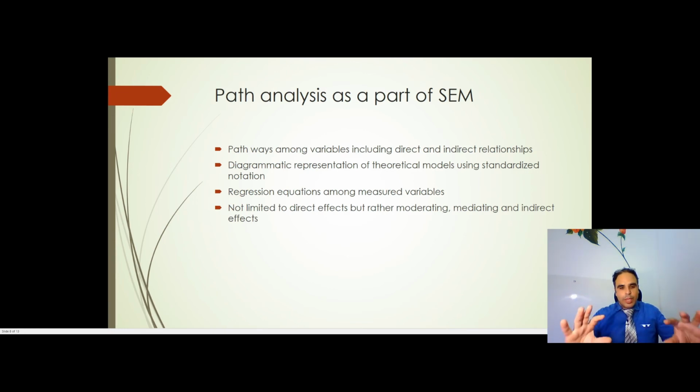On top of that, we can study mediating relationships and moderating relationships, so variables that can mediate the relationship between the independent and the dependent variables, those that we call moderating and mediating variables.